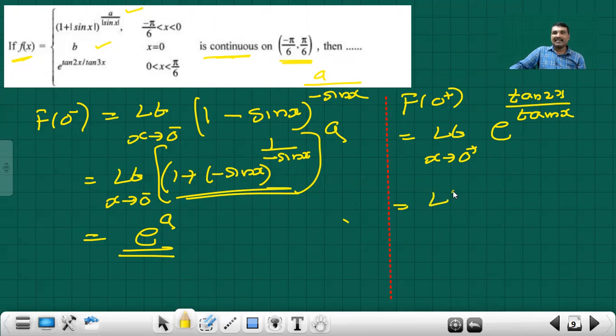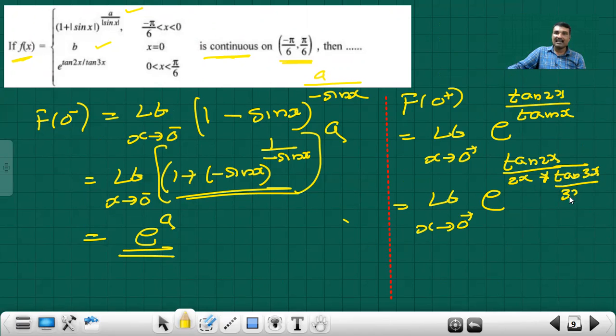We can write this as limit x tends to 0 plus e raised to (tan 2x divided by 2x) multiplied by (3x divided by tan 3x).